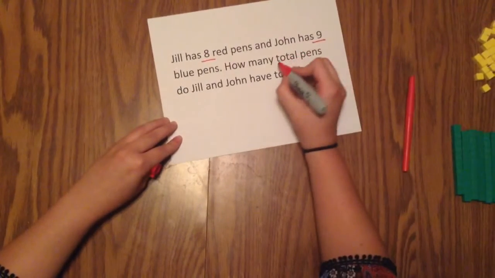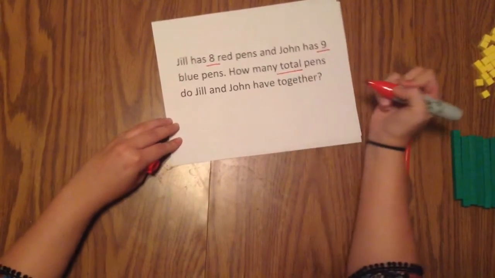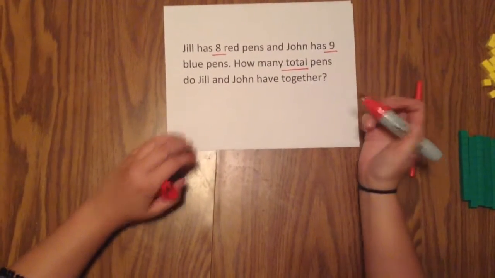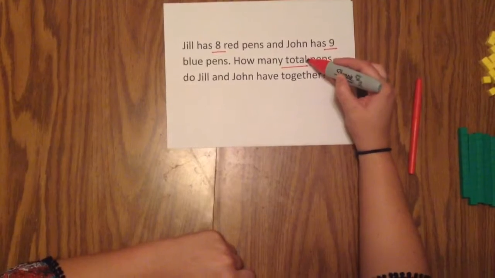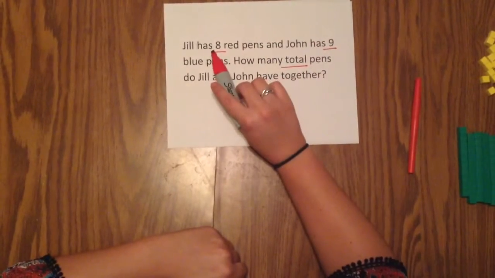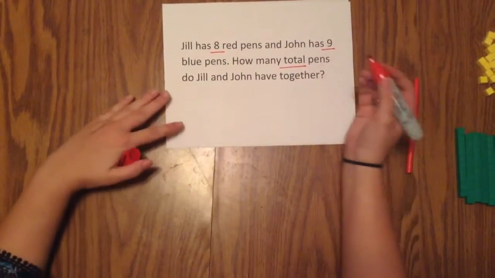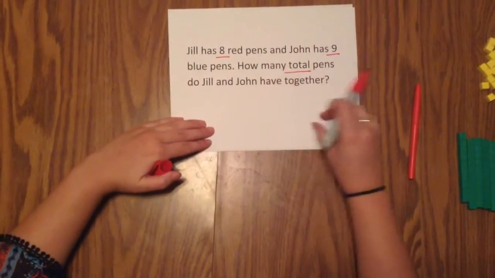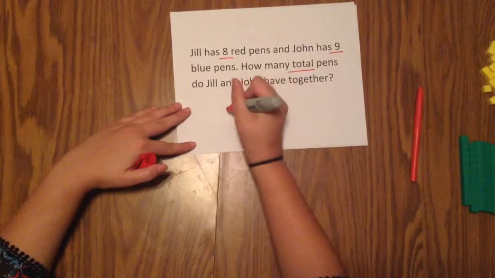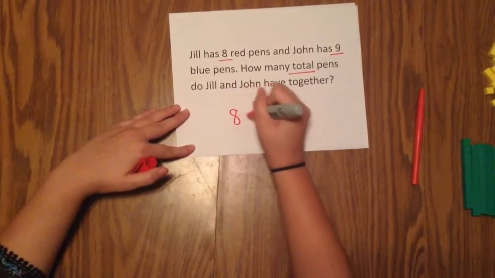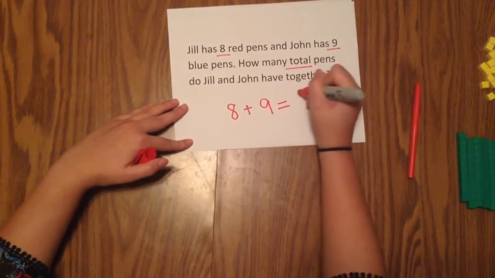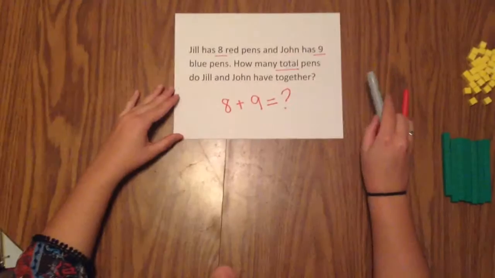How many total pens do Jill and John have together? Since it says total, we know we're going to add the 8 and the 9. So we're going to rewrite this sentence into a number sentence. And it's going to read 8 plus 9 equals question mark.